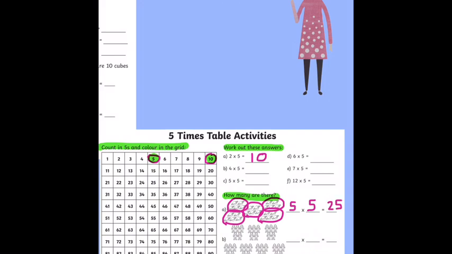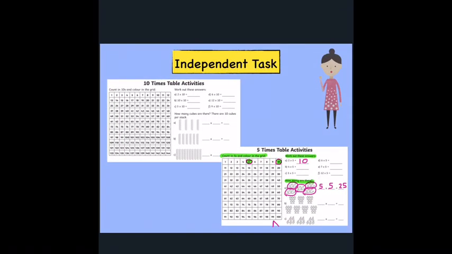Remember that you can always use this grid to help you as well. And you'll have to complete the rest of those questions. Remember that you've also got the 10 times table, and you will have a sheet for the 2 times table.